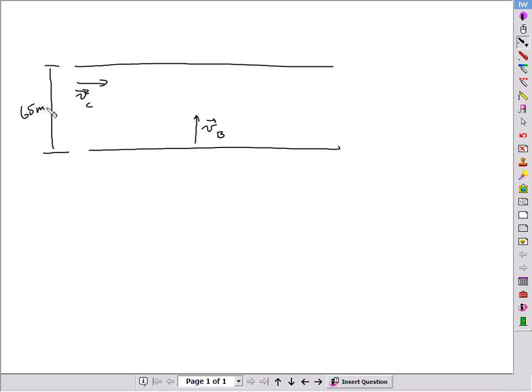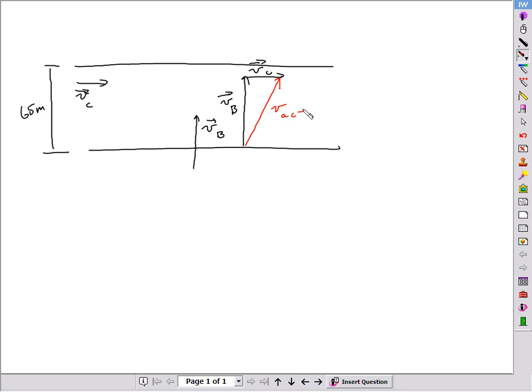Now remember, there is a current pushing it to the right, and so as we draw the diagram, this is the velocity of the boat, and then tip to tail, I'll draw the velocity of the current. And so the velocity that the boat actually takes would be along this path.